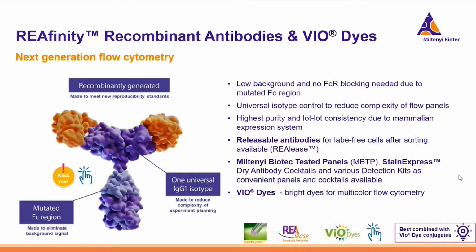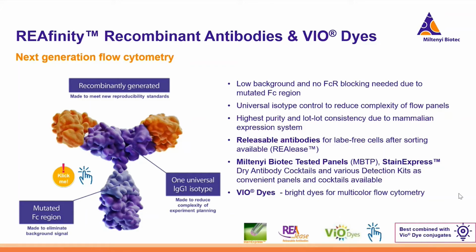Thereby, our Biodyes are bright, with superior mean fluorescence intensity for excellent signals, distinct with a high stain index for clear population discrimination, and hassle-free, since they are ideal for multicolor experiments due to low compensation. All this makes REAfinity recombinant antibodies the ideal choice for flow analysis, since traditional hybridomas are not standardized in nature.